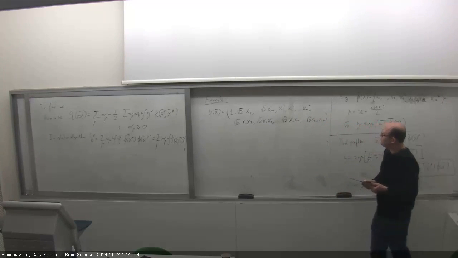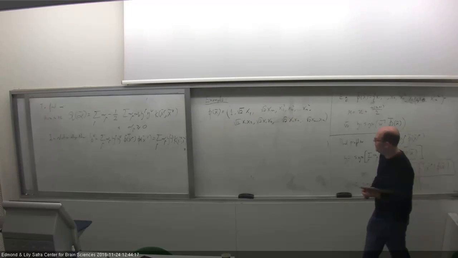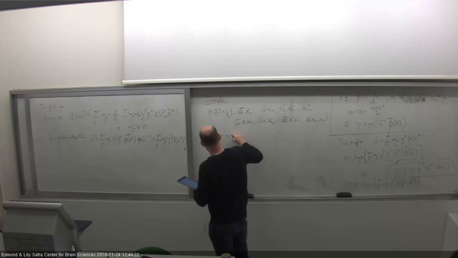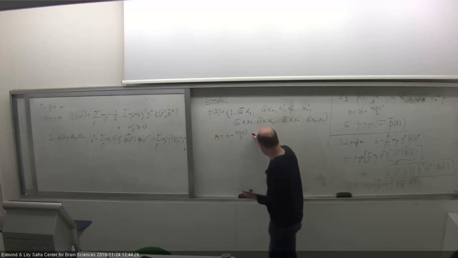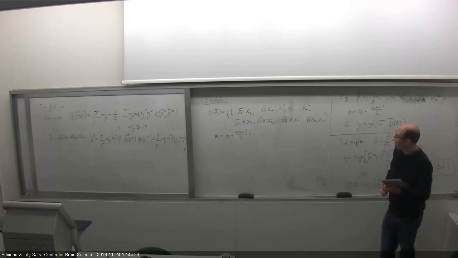So this is a certain transformation from n-dimensional space to an m-dimensional space, and m here is n plus n times n plus 1 over 2. This is like in the example that I showed before, plus 1 because I added also this function. Now let's see what is the product.